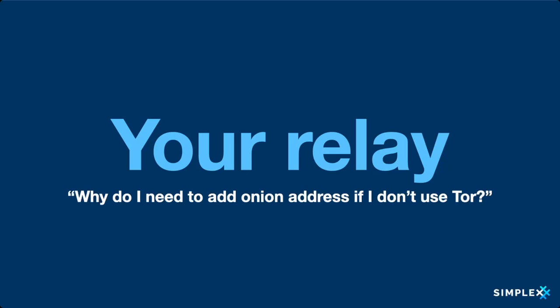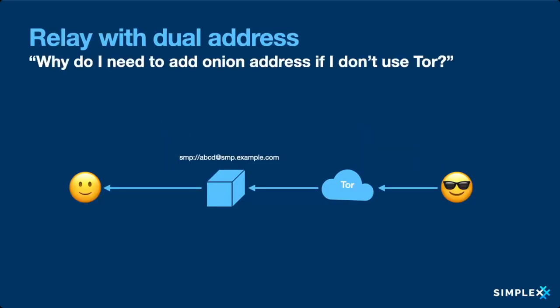We'll remove this omission, but you've obviously seen that our relays have dual addresses, both ClearNet or public and also Tor address. So the question is, why do you even need a Tor address if you don't use Tor, for example? Let's say if you host your relay on a ClearNet address, then users who use Tor can still connect to it. They will connect to a Tor relay, and via the exit node, they will be able to connect to your server, to your relay, and send you messages.